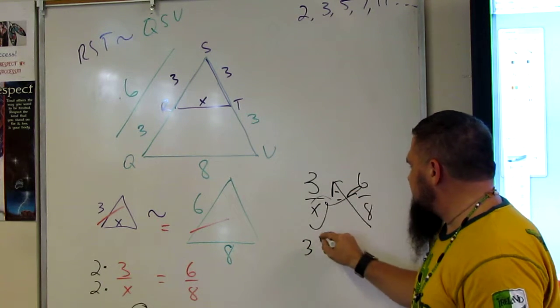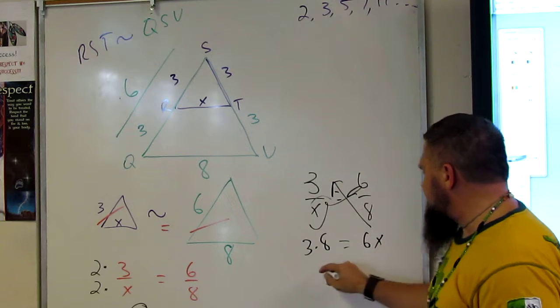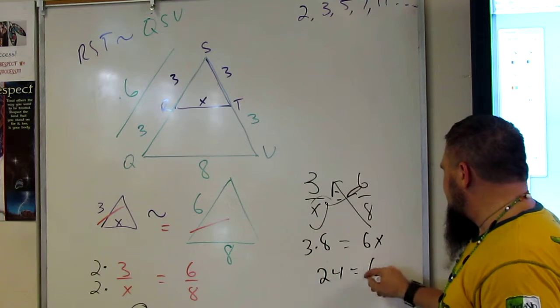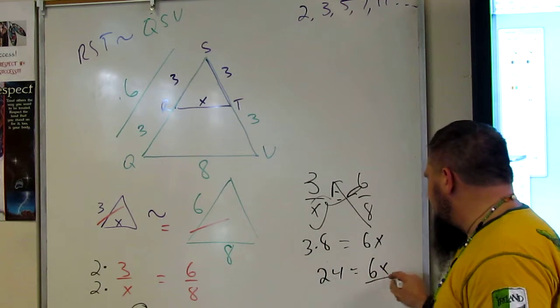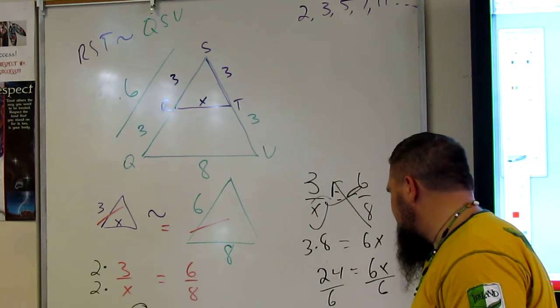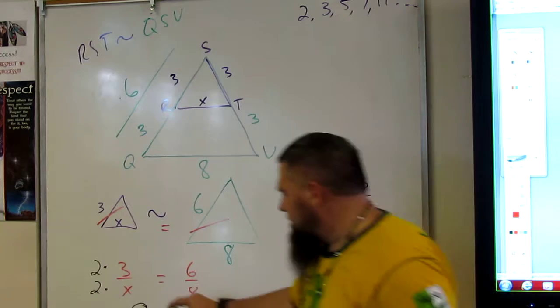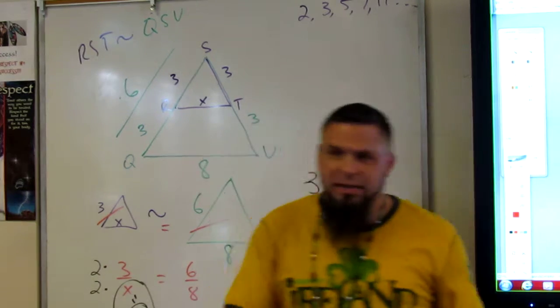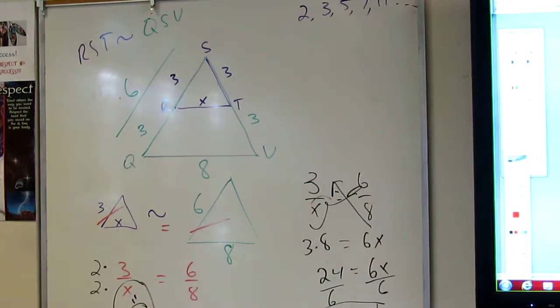So 3 times 8 equals 6x. So 24 equals 6x. Then divide by 6, I get 4 equals x. Either way, x is 4. Oh, and I made it.